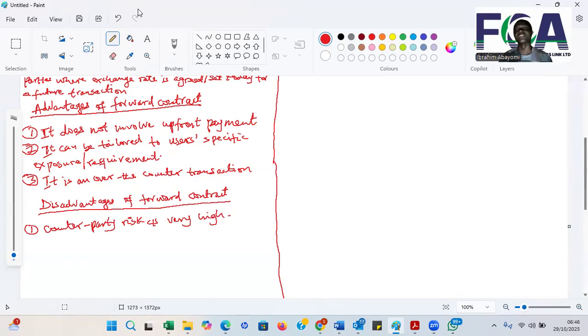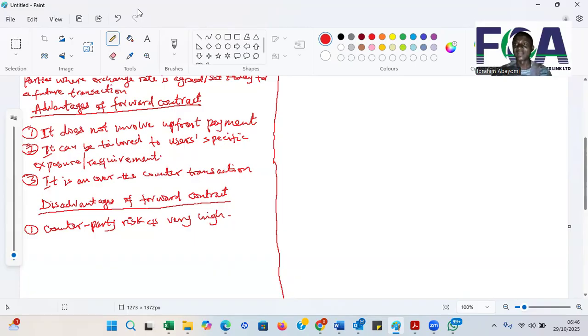Counterparty risk is the risk that the other party will not honor the agreement, will default on the agreement. Because there is no middleman, it is just between you and the currency dealer, either of the two parties can default.